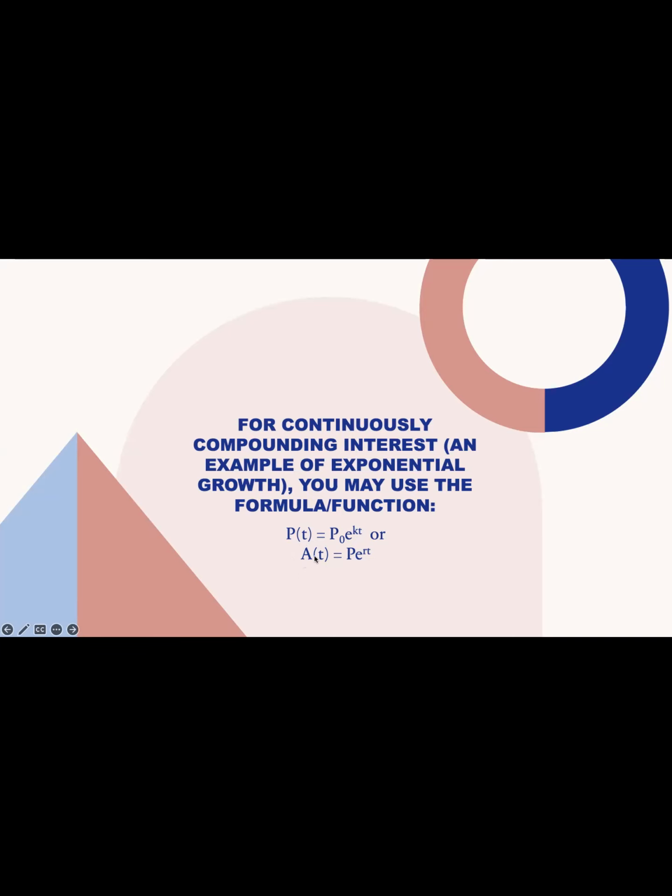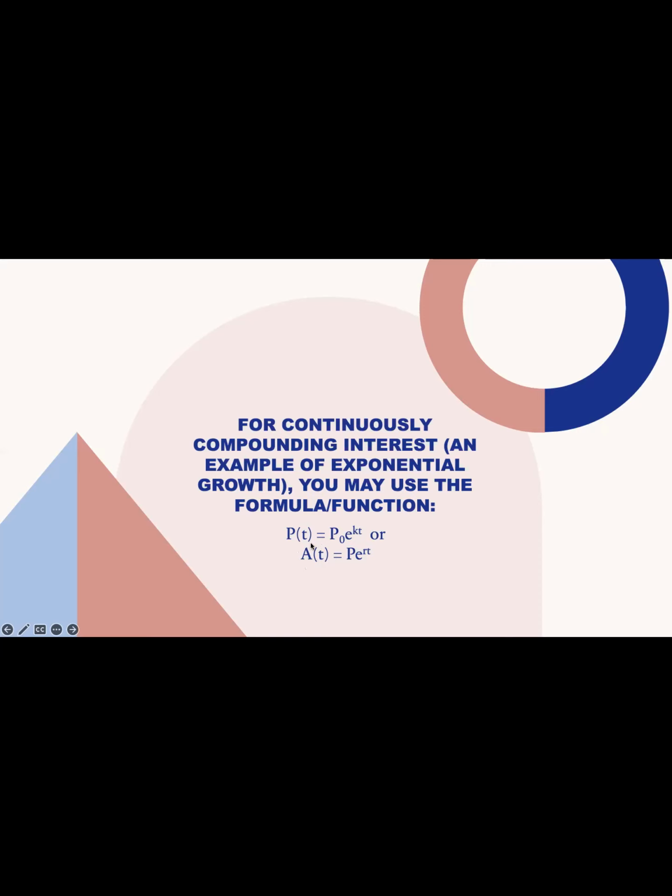So let's make sure that you know what each of these items represents. First of all, the A of t symbol is your dependent variable. It represents the account balance after some time t.